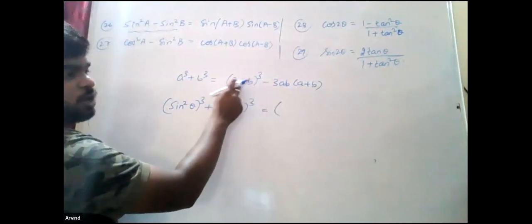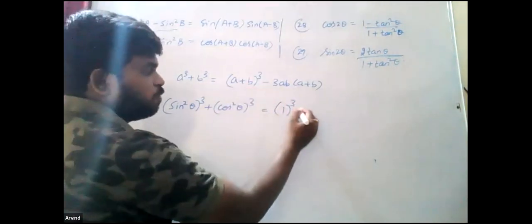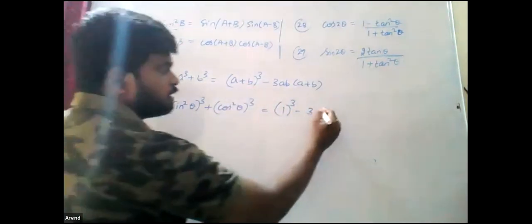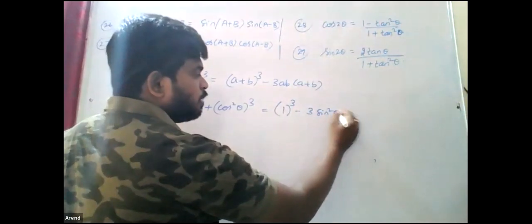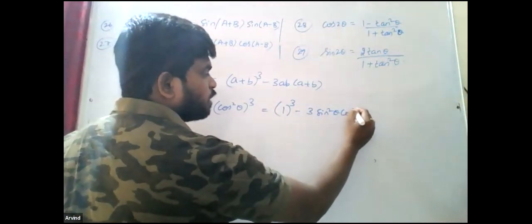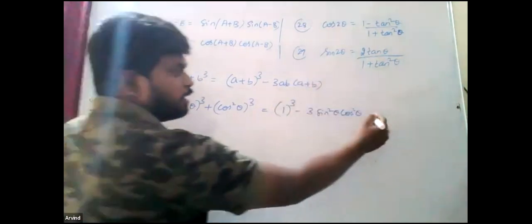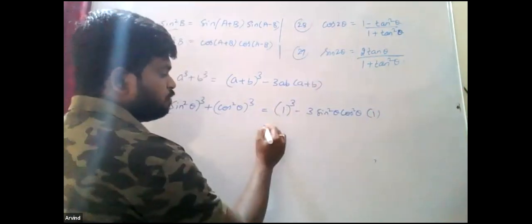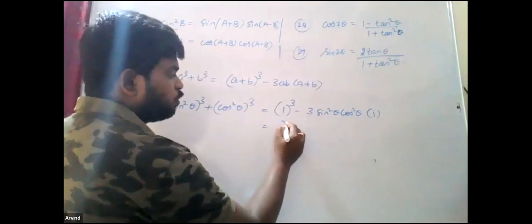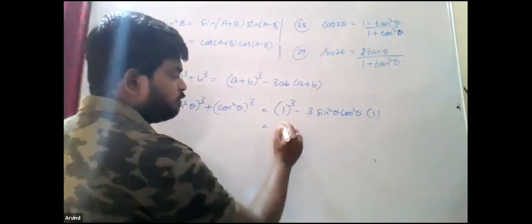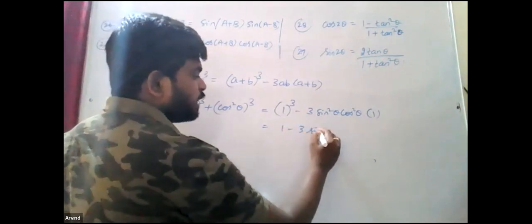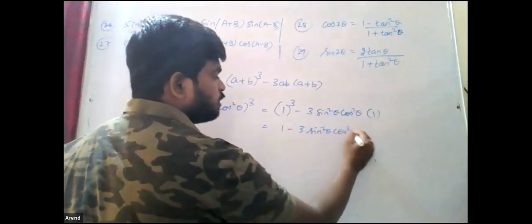So sin square plus cos square becomes 1. 1 cube minus 3 into sin square, cos square. Again a plus b, sin square plus cos square becomes 1. So this will become 1 cube, 1 cube is 1 itself, minus 3 sin square theta cos square theta.